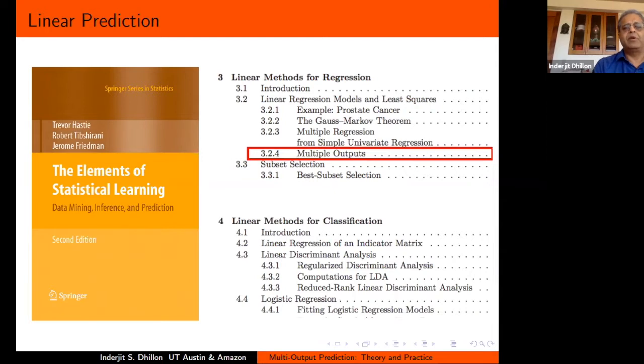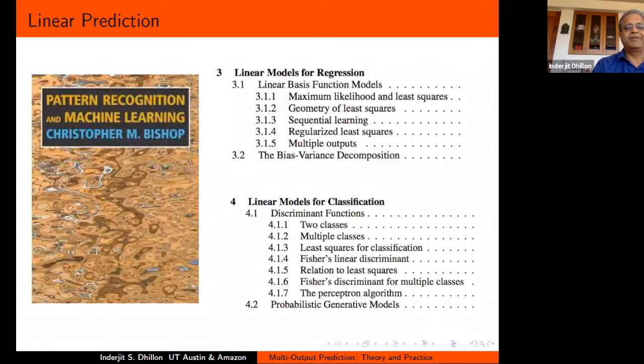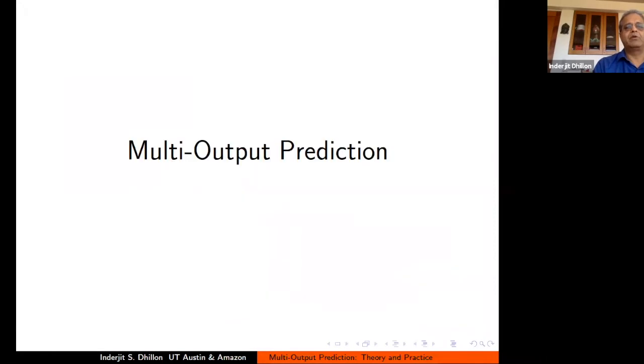I think it's actually only a couple of pages about multiple outputs. You look at a different textbook, same two chapters, linear methods for regression, linear methods for classification, and just once again, a very small section on multiple outputs. But that is the subject of my talk today.